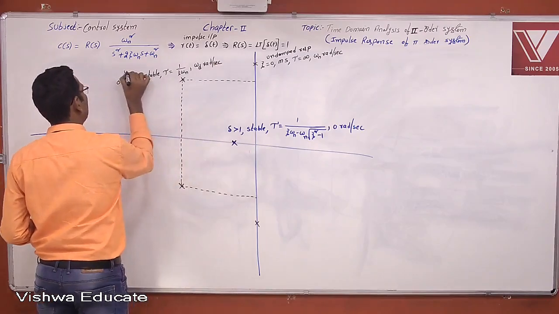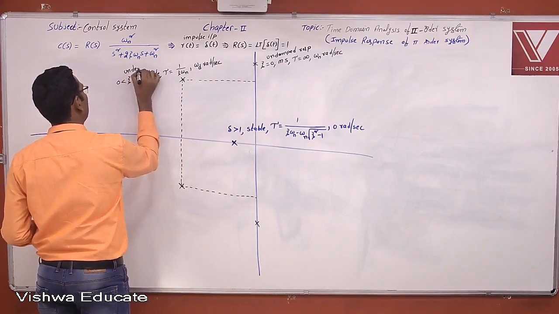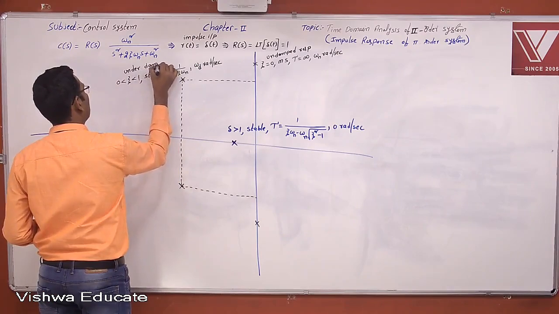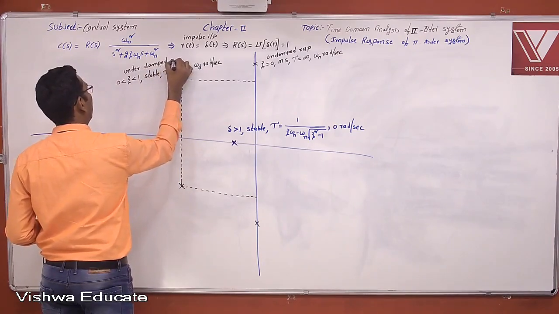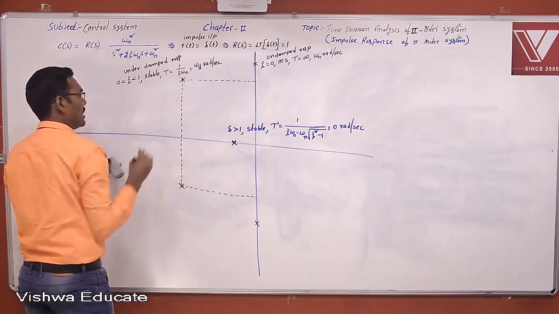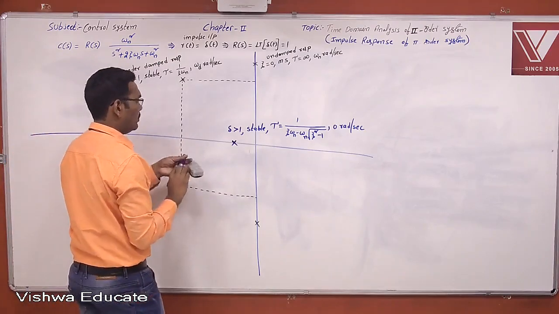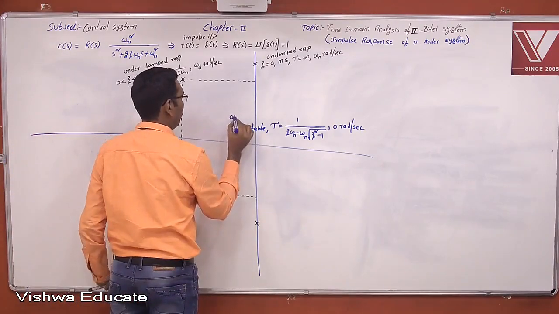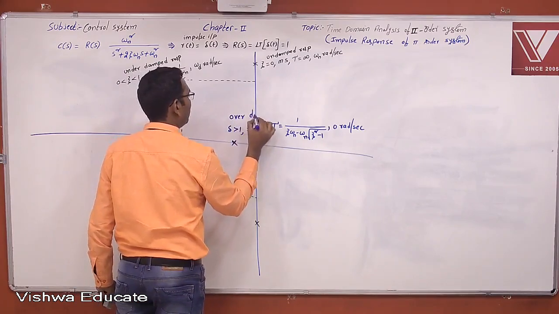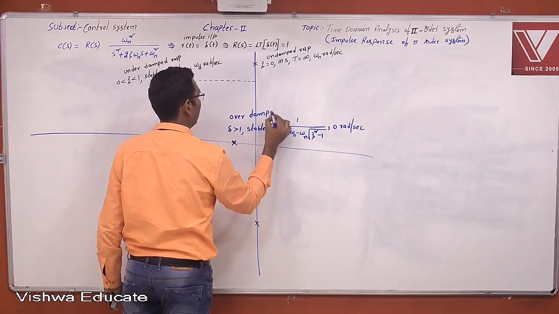This is called the underdamped response, and this is undamped, and this is named overdamped. What we have studied, I just give in one S-plane, that's it. Okay, don't confuse.